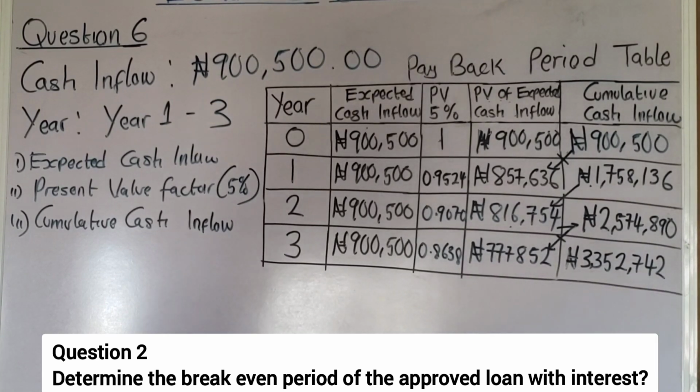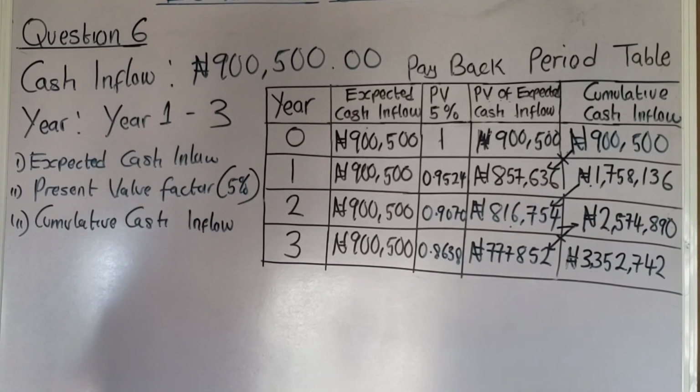Don't forget, break-even period is the period whereby, let's say a firm, okay, let's use farmer now because we are dealing with agri finance, a farmer is neither making profit nor loss. You understand? That is what we mean by break-even period.